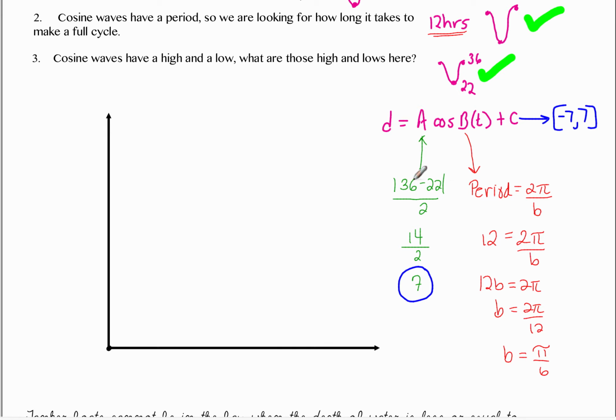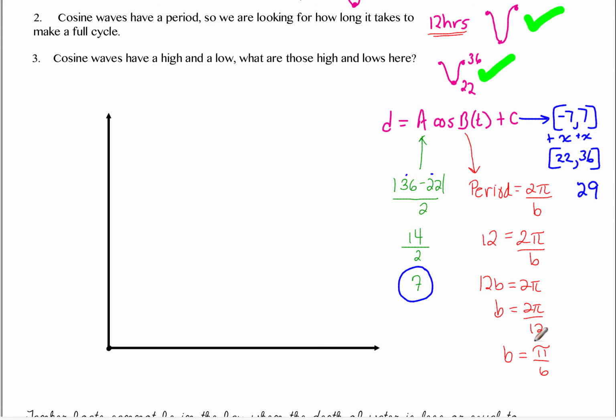But somehow that got shifted because this new tide says we have a low of 22 and a high of 36. So what number did I add to these 7 and -7 to get to 36? Well, you can see that we added 29. -7 plus 29 gets you 22. 7 plus 29 gets you 36.